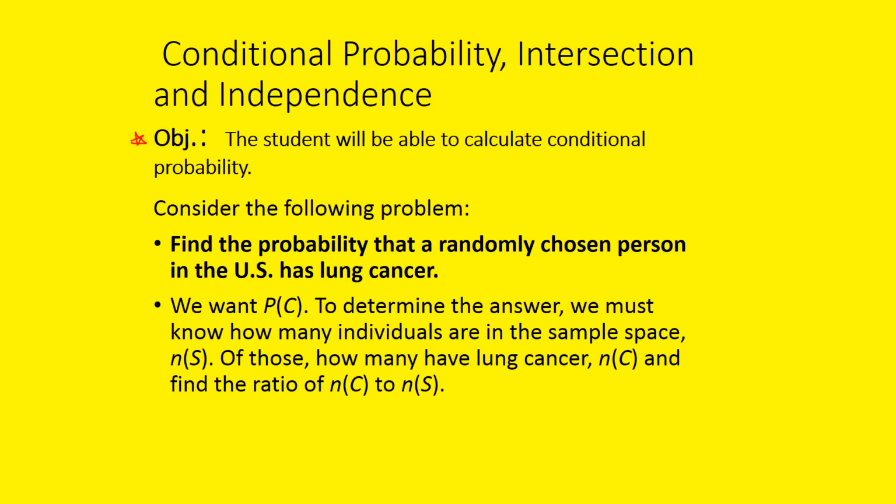Those would be the so-called successes. And then the ratio of those successes to the total number of possible outcomes: the number of people that have lung cancer to the total number of people in the U.S.